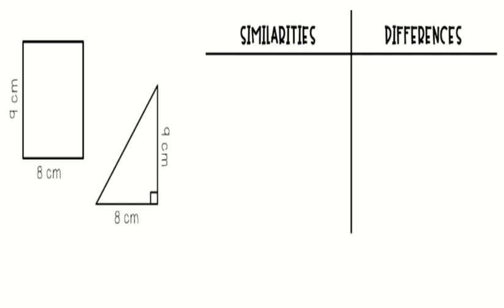Who can give me a similarity? Same area. We'll put it, but that's not going to be quite right. You said same area. We'll see that in a second, whether that's the same. Okay? Mason? Both have at least one right angle.